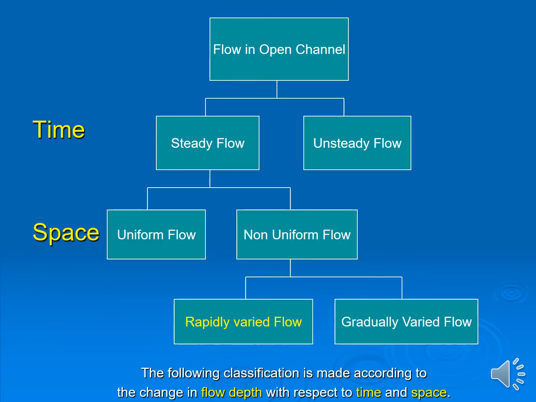As we mentioned earlier in chapter 1, the type of flow can be classified according to time, space, viscosity, density, and gravity. The rapidly varied flow is under the classification of non-uniform flow.